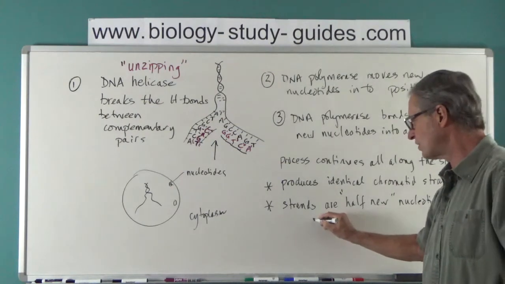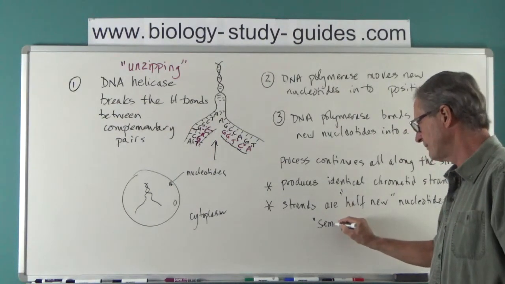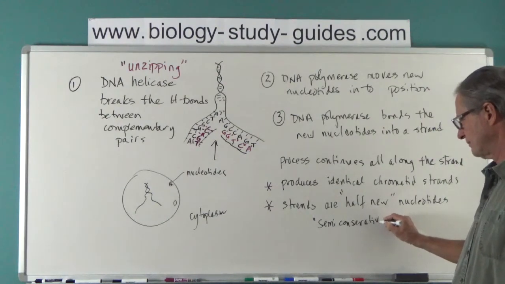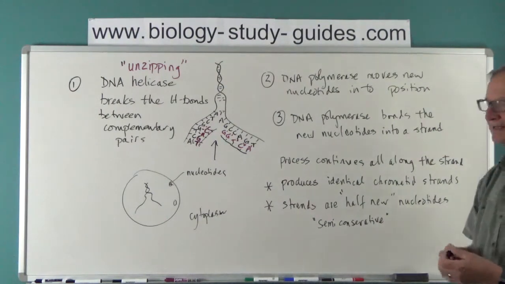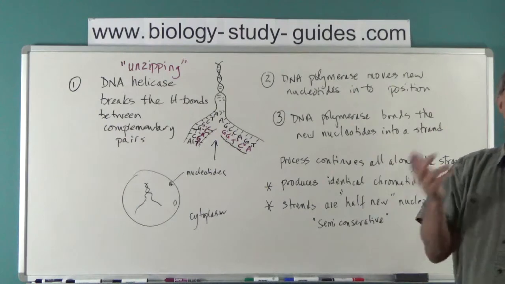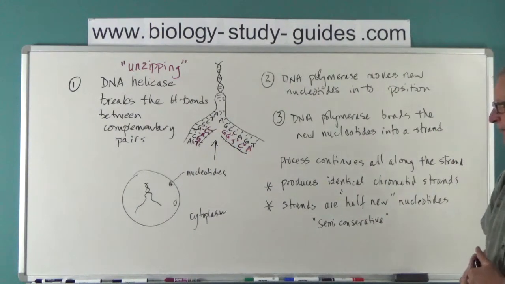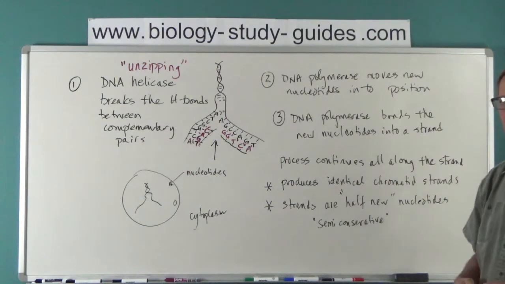The process is called semi-conservative, to represent the fact that it's partially new and partially old, so it's conserved the original DNA sequence, or the original base sequence, that way.